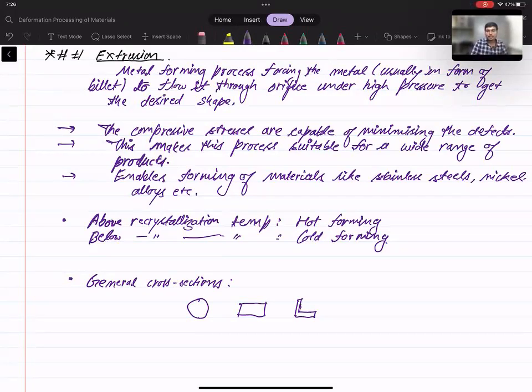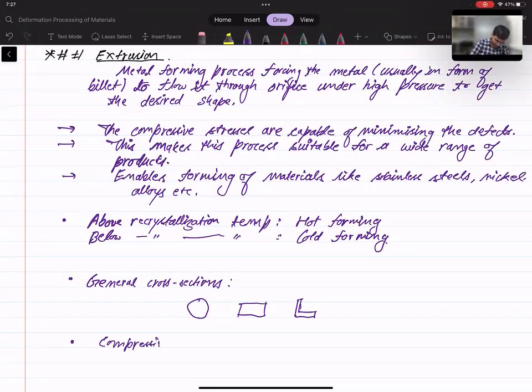These are general shapes. Also, some complicated channels of aluminum or pipes, etc., of different cross-sectional shapes are formed using the extrusion process. And during this extrusion operation generally compressive and shear forces are the dominating ones. So tensile forces are not that effective, or do not play crucial roles here. Okay, so compressive and shear forces act.